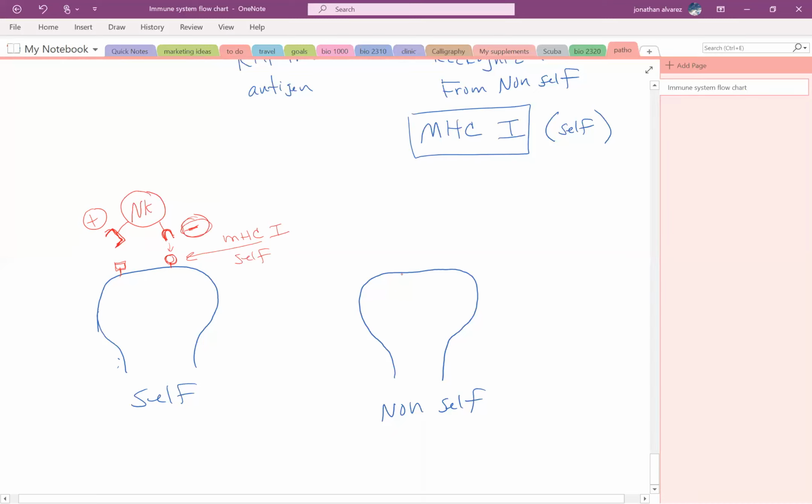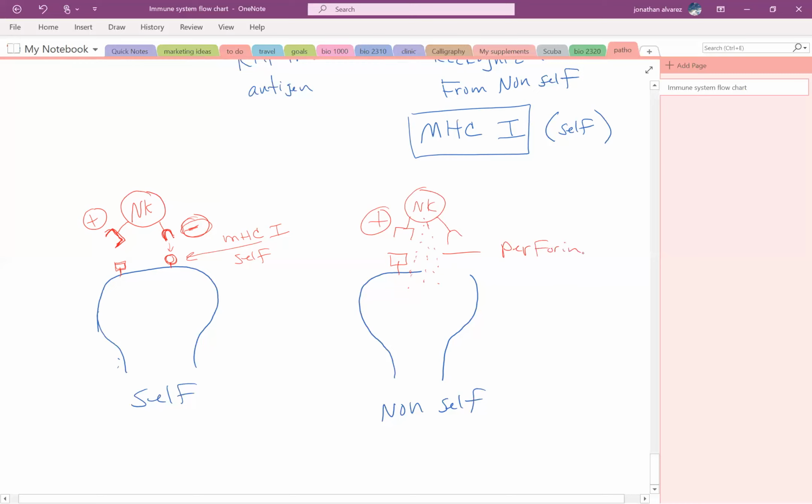However, when the natural killer cell comes across and there is no self, as you can tell, self is not there, then the activating receptor is activated, and it's going to release the perforin.